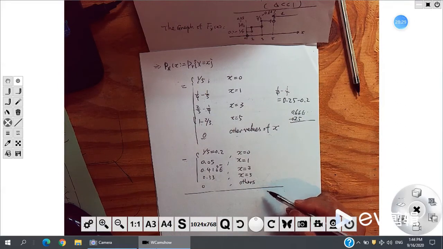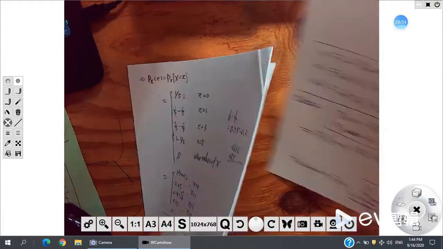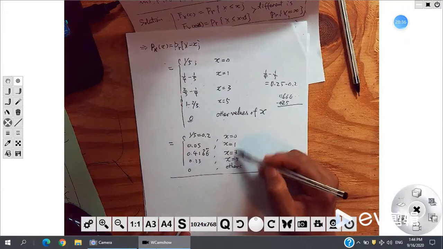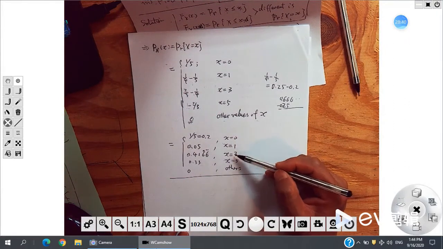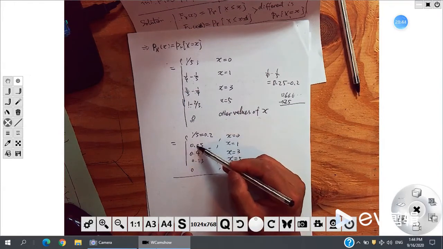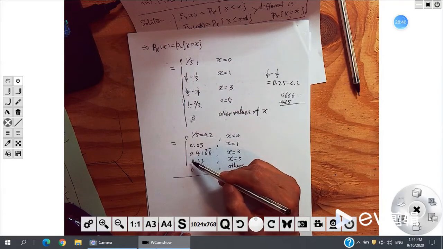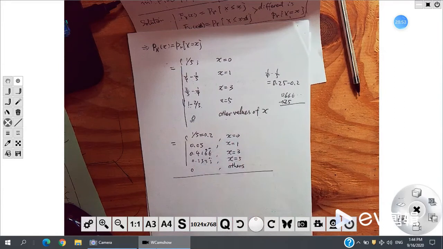Actually, this mass function, you can think of as a list of probabilities. When x has value 0, 1, 3, 5, its probabilities are 0.2, 0.05, 0.4166, and 0.333. All of them end in 3.